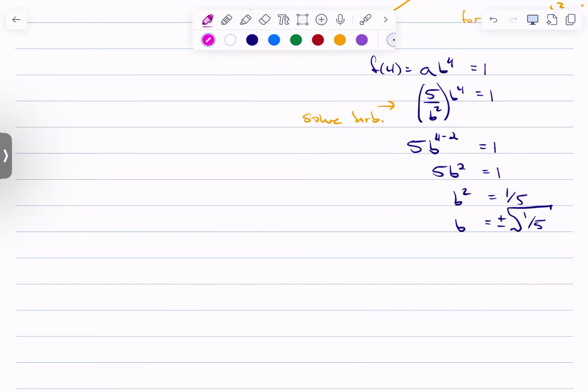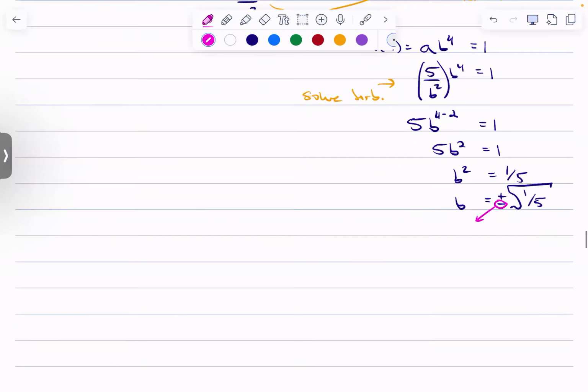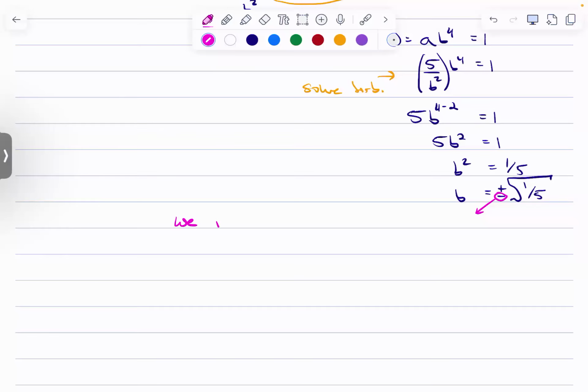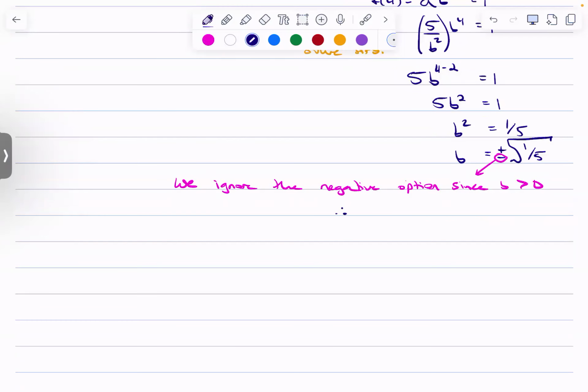And so what I'm going to say here is we ignore the negative option, since b must be greater than 0. So then there's only one option. Therefore, b must be the positive root of 1/5. Which is a number, but I'm just going to keep it as the root of 1/5 for a little bit.